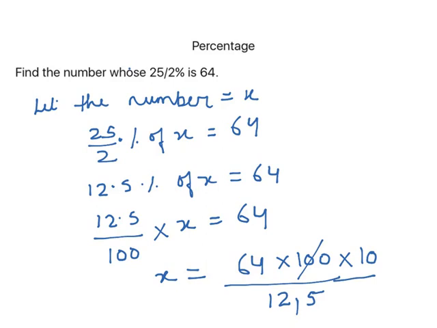Now 25 times 4 is 100, 25 times 5 is 125. Now this is 2, and 64 times 8 will give us 512. So it means 25 by 2% of 512 is 64.